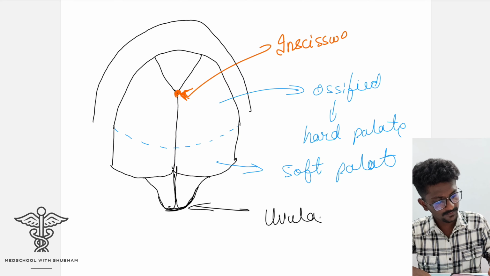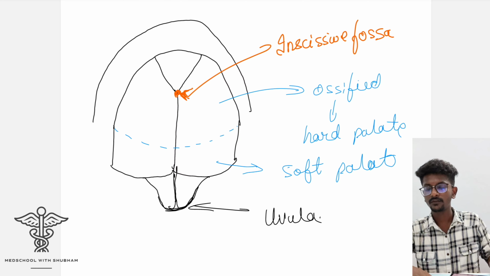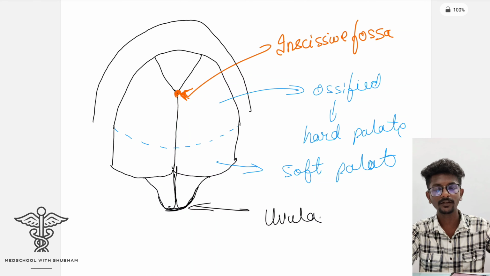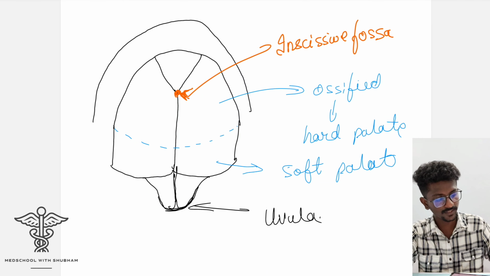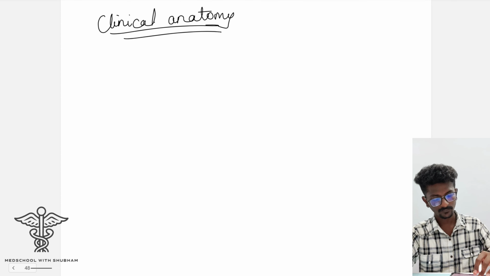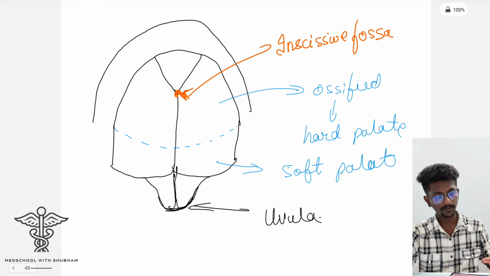In head and neck gross anatomy also you can find this incisive fossa, through which one artery goes into the nasal cavity.